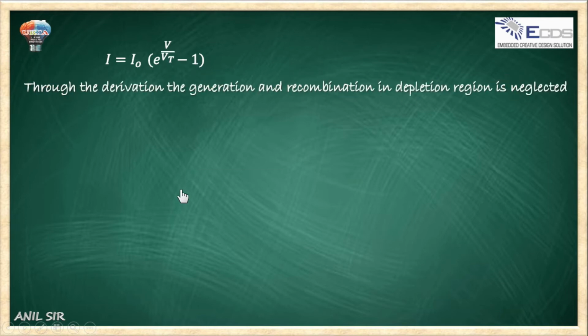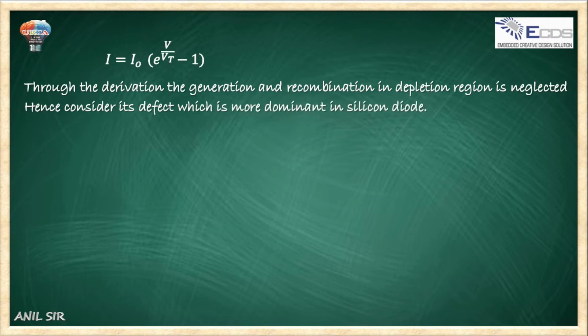Then through the derivations, generation and recombination in a depletion region is neglected. जो recombination and generation process है हम उसको neglect कर रहे हैं. So in that case, recombination is more dominant in a silicon diode. Therefore we can write I equals to I0 e raised to the power V upon nVt minus 1.